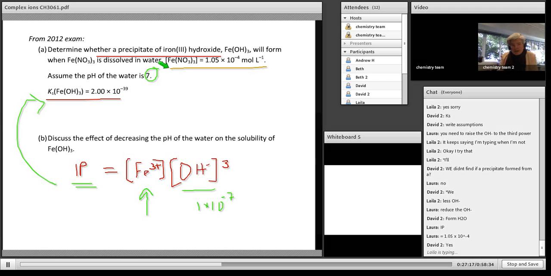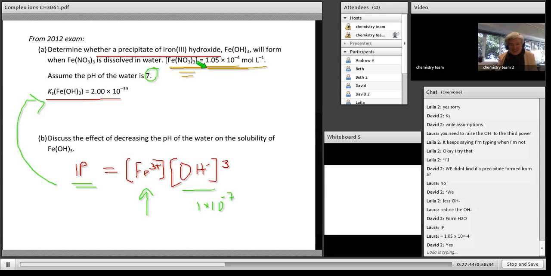Now, again, knowing your solubility rules really helps. If you see nitrate, you know that, and you know your solubility rules, you immediately think, all nitrates are soluble, which means if I'm given iron nitrate, it means I have exactly that amount of iron in solution. It's not that only some dissolves and some does not dissolve. So that's another thing you can learn.